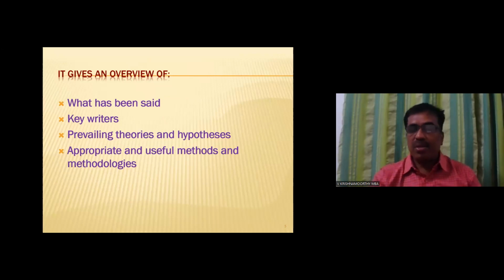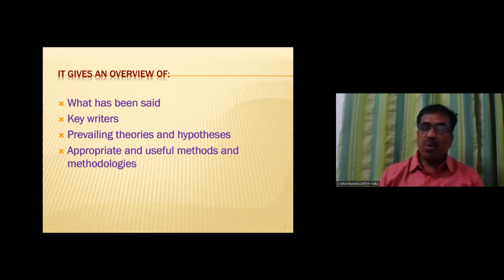You can know the research method, what kind of research design they have used, whether exploratory research, conclusive research, descriptive research, or causal research, what kind of sampling method, and what kind of data collection method they have used, whether qualitative data collection methods.